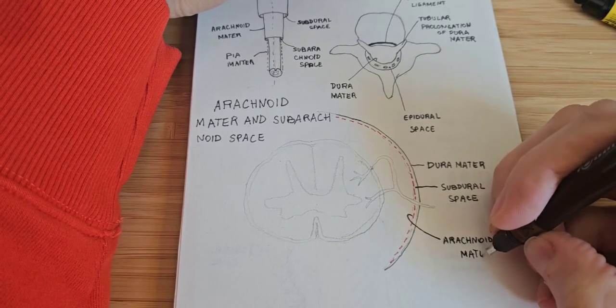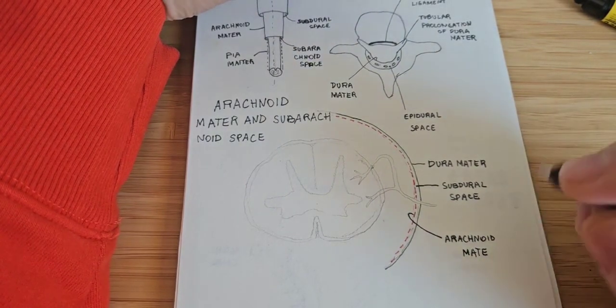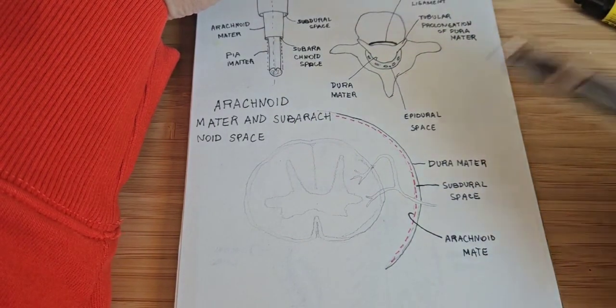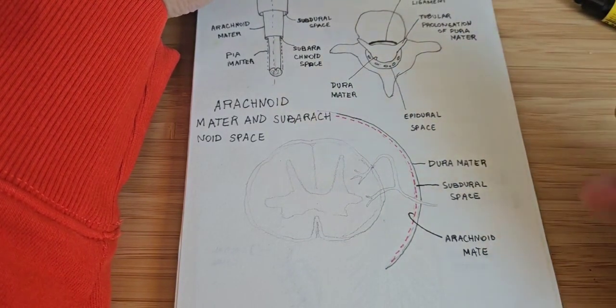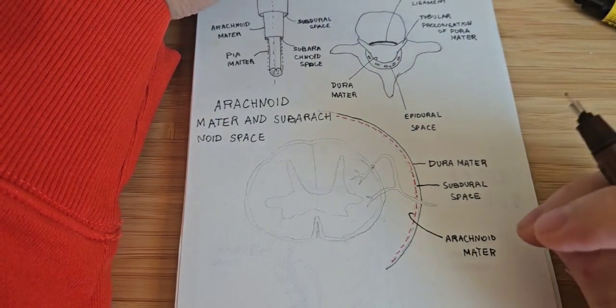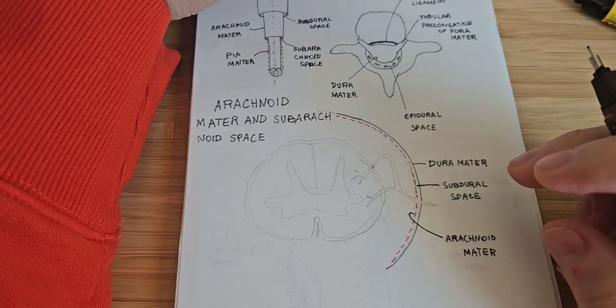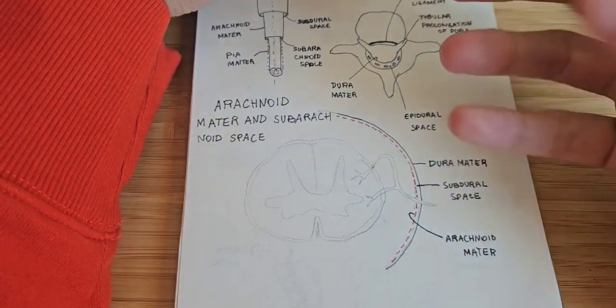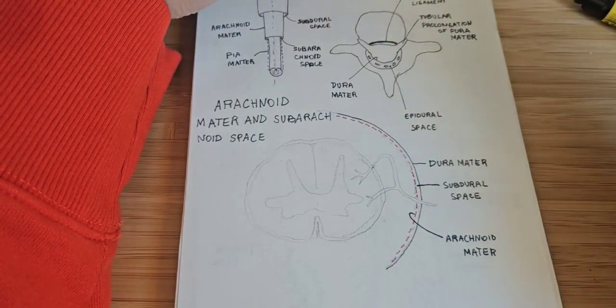Okay, and the arachnoid mater, if you watched the previous videos, you know that it is the middle layer of the meninges and is named for its delicate spider-like appearance.